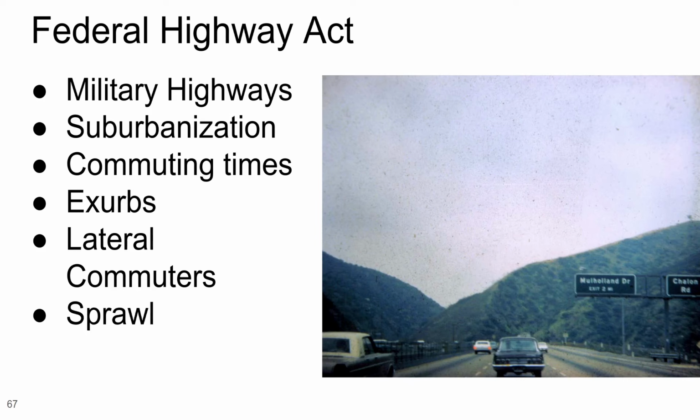The Federal Highway Act led to sprawl, which is when developments leapfrog and are created, grow farther and farther from town. Another type of sprawl is just when the city grows without necessarily there being a lot of control over the zoning or the land use.